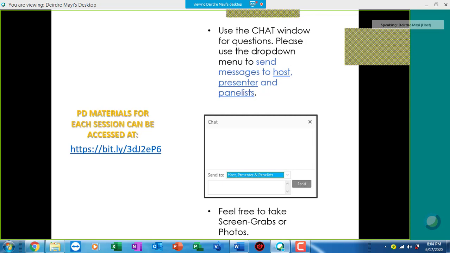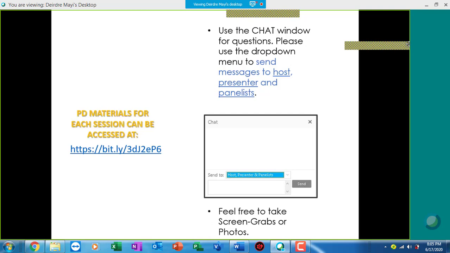Now, if during this session you see something that you want to record or grab, please feel free to take screen grabs. Please feel free to take photographs. We encourage that. We emailed to all participants prior to this session a bit.ly link, or actually, I think we sent the documents directly. Now, if you did not receive documents from McGraw-Hill regarding Wonders for second grade prior to this training, no worries.